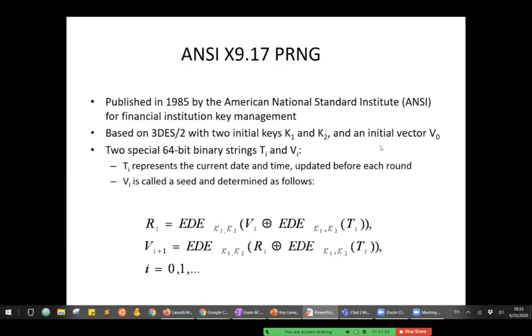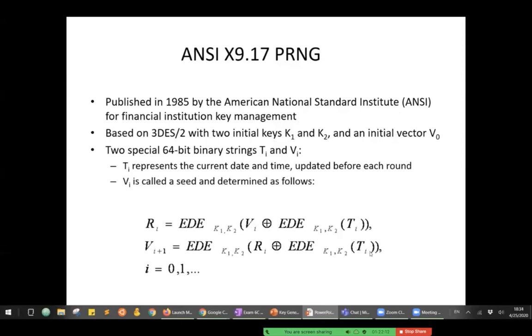Initially it has a seed value, and then you encrypt it again using EDE with the same keys, K1 and K2, which means you encrypt this part using K1, the result is decrypted using K2, and then the result is encrypted using K1 again. That gives you RI. Then RI will be used as the seed value for the next iteration.